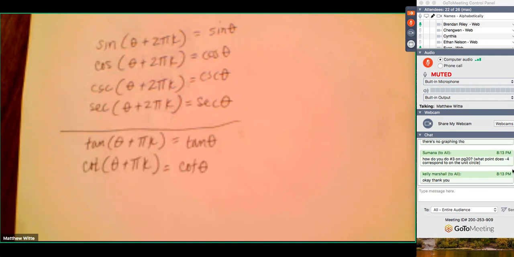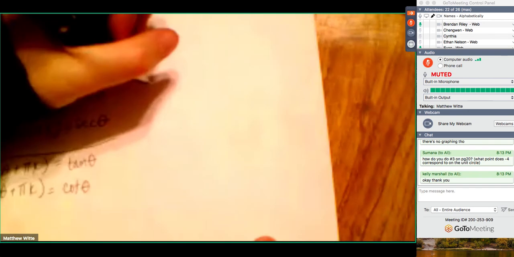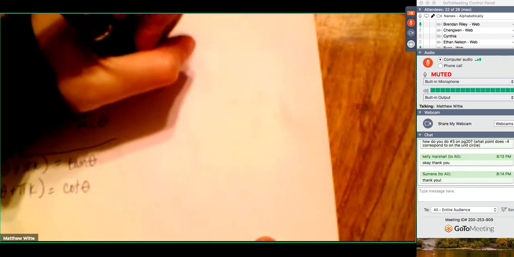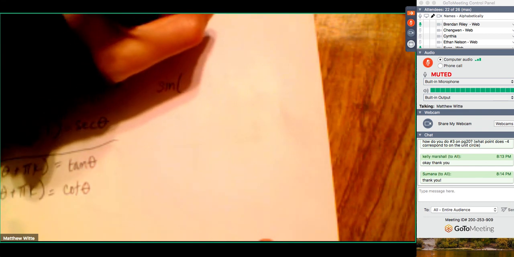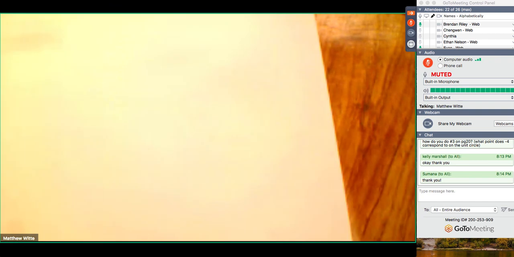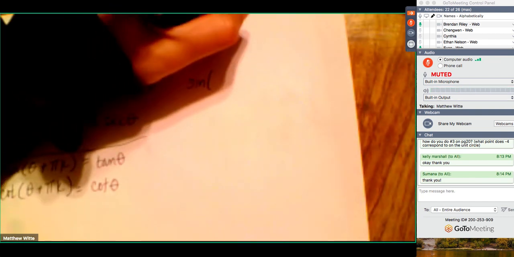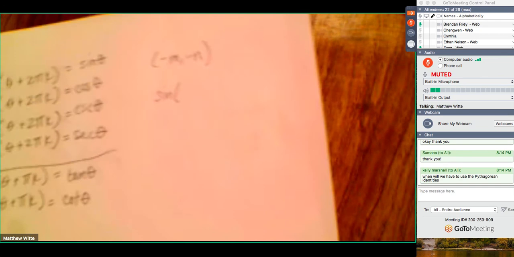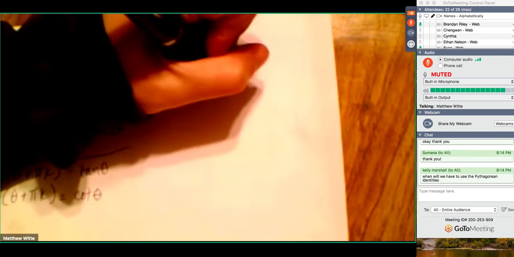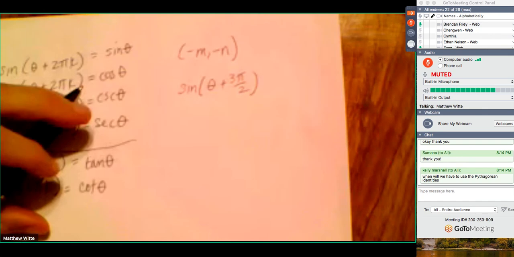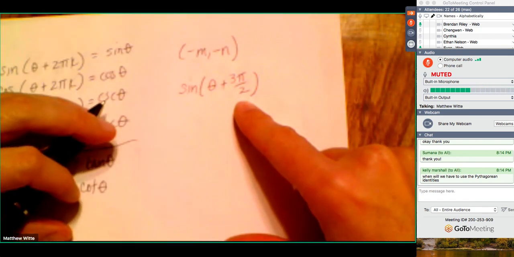And just a reminder that I could ask you for something like the sine of theta plus 3 pi over 2. And 3 pi over 2 is 270 degrees.